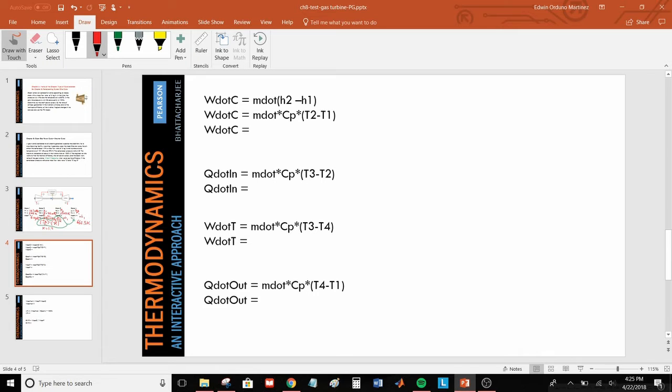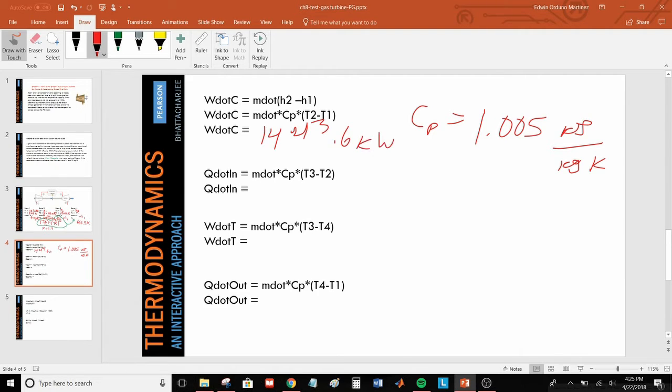And this can be simplified to the mass flow rate times the specific heat times the change in temperature, given that Cp is 1.005 kilojoules per kilogram Kelvin. And when we plug in our numbers, the power in the compressor is 1443.6 kilowatts.